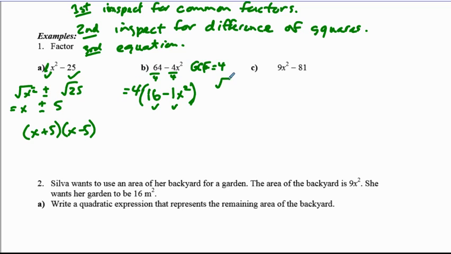So the square root of 16, I'll do this sort of in separate colors here. Square root of 16 and the square root of x squared. Well, that would be 4 and x. So that's what's going to go in our bracket. Now the problem is we have this 4 outside. So we still have the 4 out there, but we make a double bracket anyways, because we still have this other new expression.